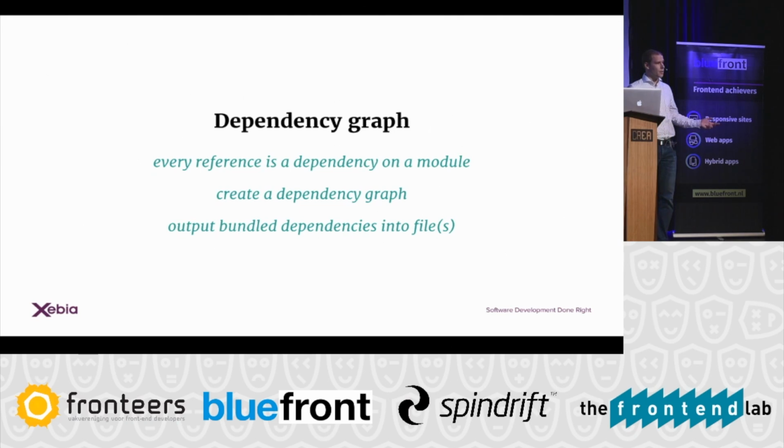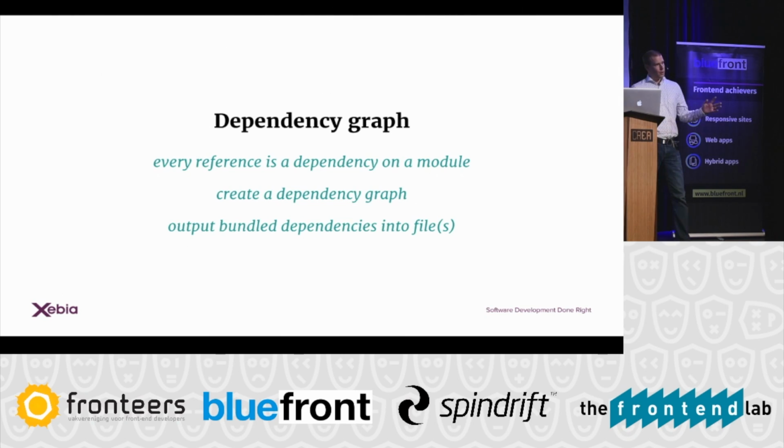They create a dependency graph. I say graph because most people think about dependencies like a tree. It's not a tree, because you can have circular dependencies, but also libraries that get lots of dependencies on them.